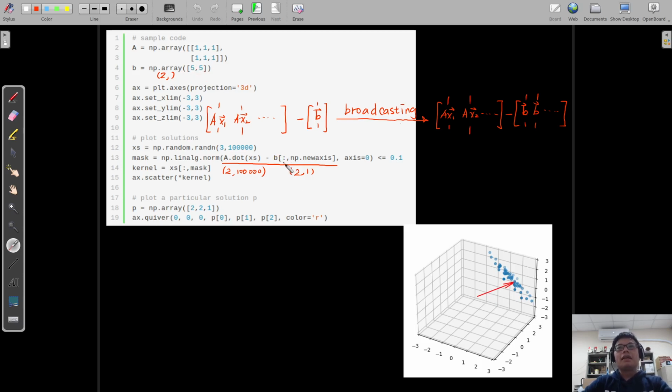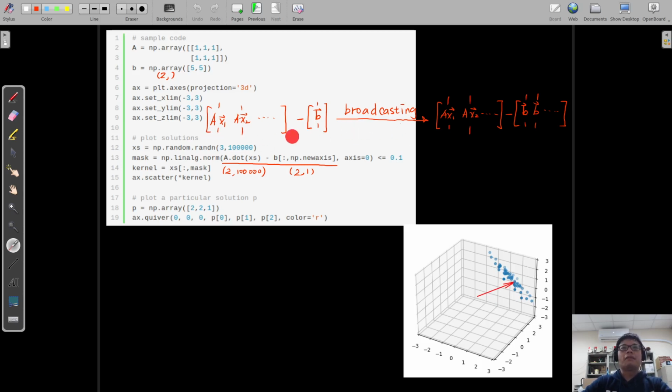And then if I do the column and np.newaxis, it just means that I want to put all the numbers in this place, and then I want the new axis here. So it becomes a 2 by 1 matrix, so it becomes a column vector. But it still does not make sense because this is a 2 by 100,000 matrix minus a 2 by 1 matrix. Their sizes are different. So this is called the broadcasting feature in NumPy.